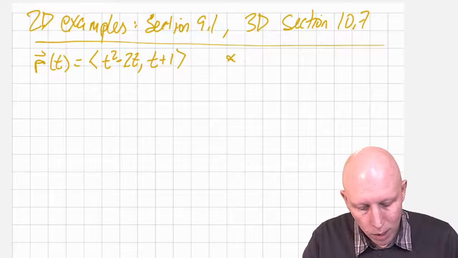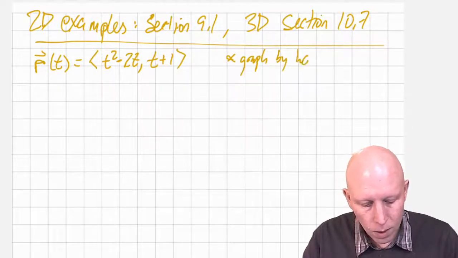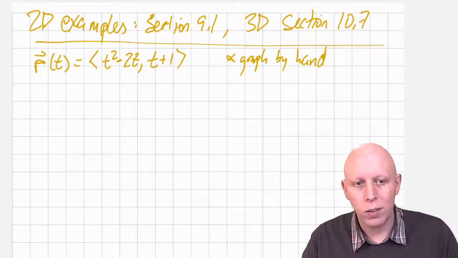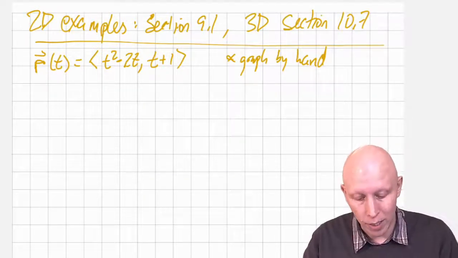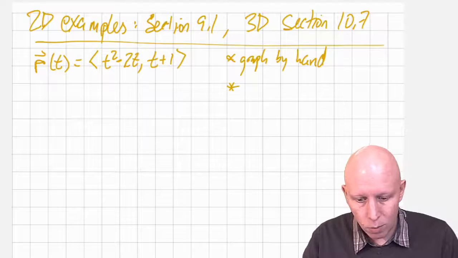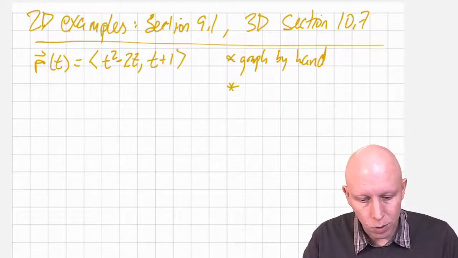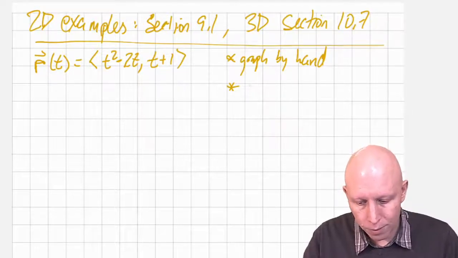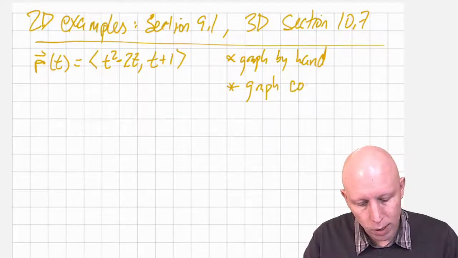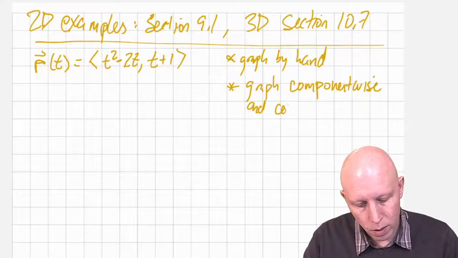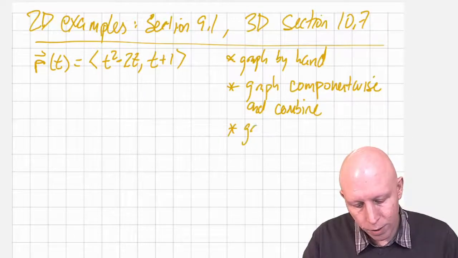We're going to graph it by hand, right, when you were learning how to graph regular functions, you did that by hand. Then we are going to graph component-wise and combine. And then we're going to graph in a computer.